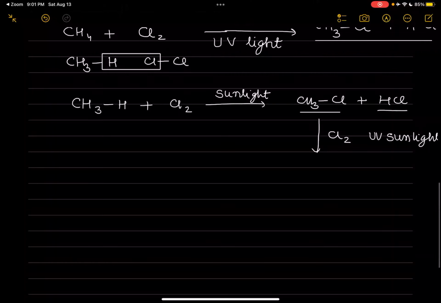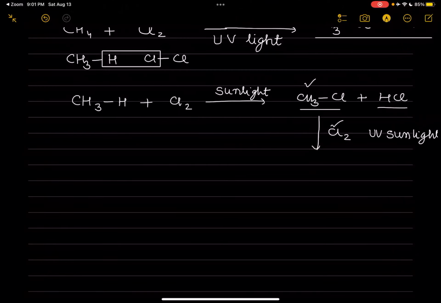So think what we did here. We removed one H and we removed one chlorine from Cl2. So the same thing we are going to do again. We will remove H from CH3Cl and one Cl from Cl2. And that is going to become CH2Cl2. Now we have two chlorine atoms and HCl.